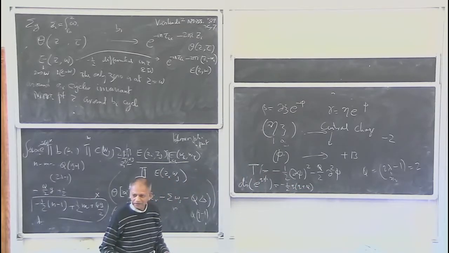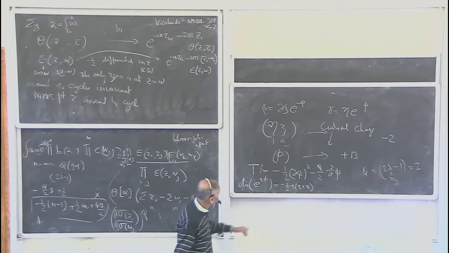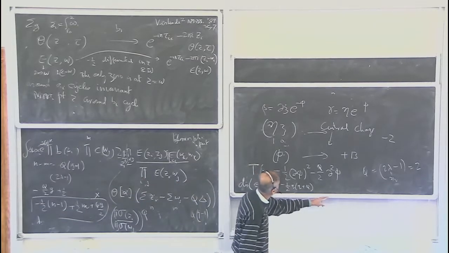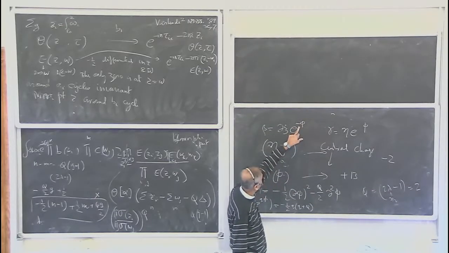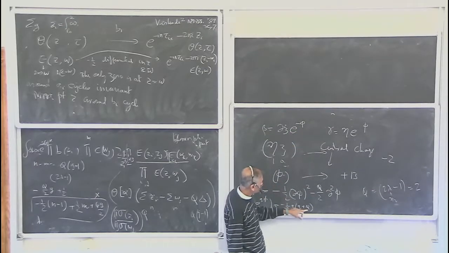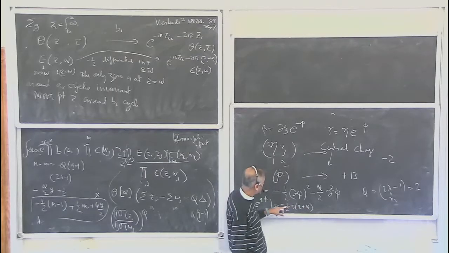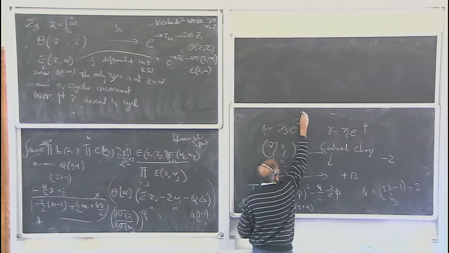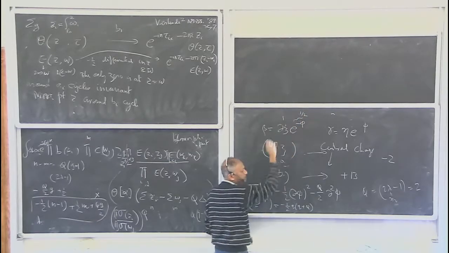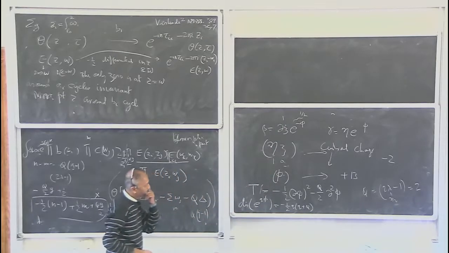I'm not sure again, one should check that, but let's check it roughly. For e to the minus phi, q is minus 1, and Q is 2, so the dimension gives you half. And d xi is dimension 1. So I think this formula is correct.